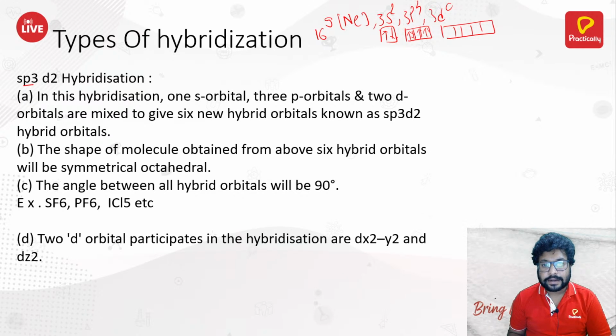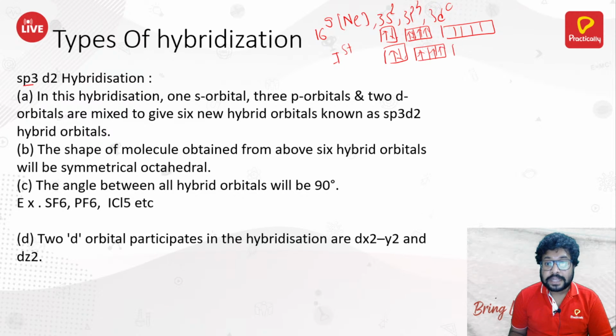Remember the excited state. In the first excited state, this electron gets promoted, where p's electron gets promoted to your empty d orbital, and in the second excited state, this electron from S also gets promoted to your empty d orbital.